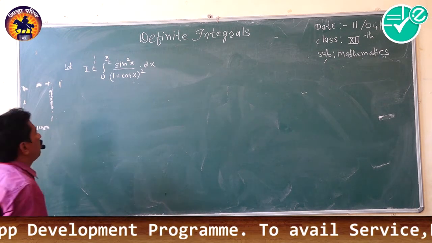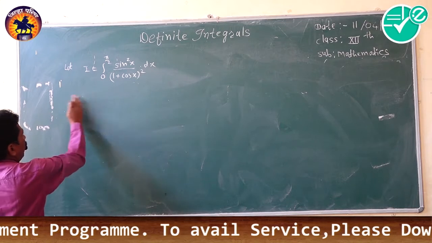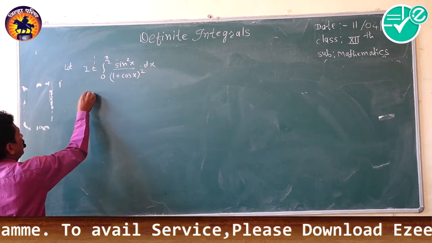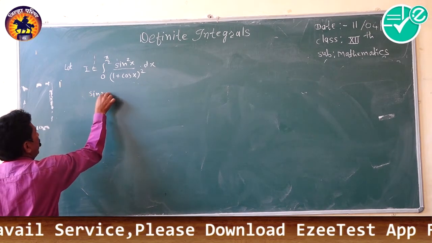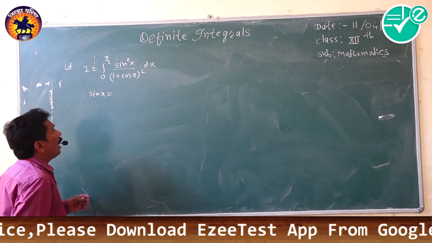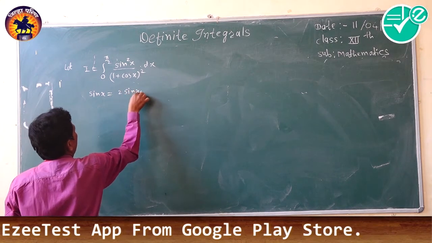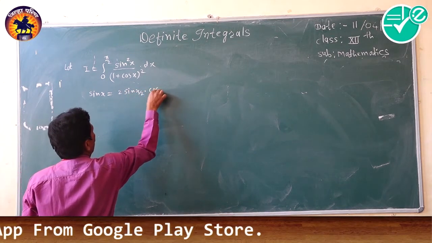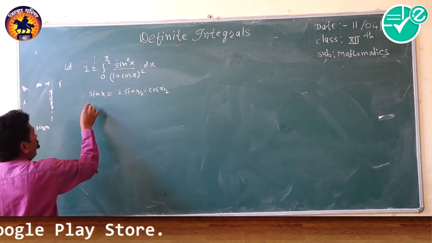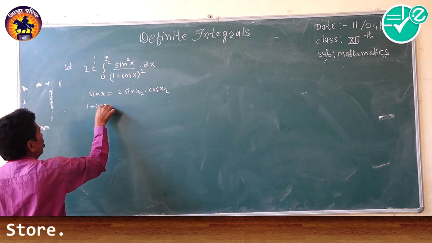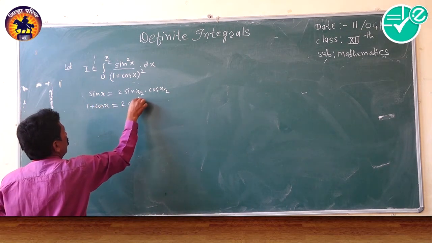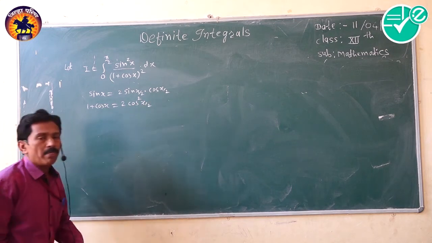Now here we use two formulae, that is, we can call them half angle formulae: sin x is equal to 2 sin x by 2 into cos x by 2, and for 1 plus cos x it is 2 cos square x by 2.